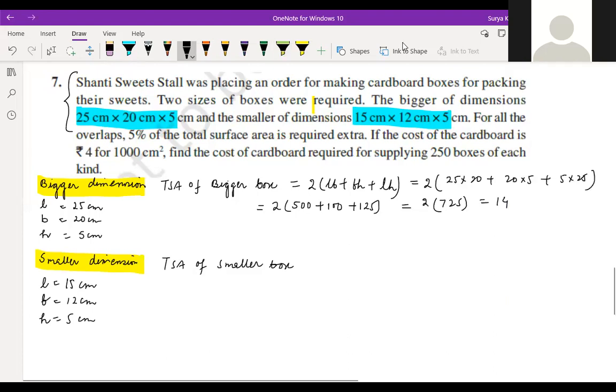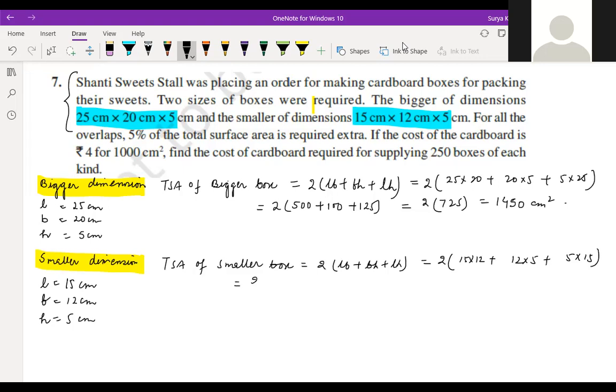So this answer is 1450 centimeter square. Is it clear to everyone, children? Yes, sir. So for the smaller box, 2 into LB plus BH plus LH, that is 2 into 15 into 12 plus 12 into 5 plus 5 into 15.